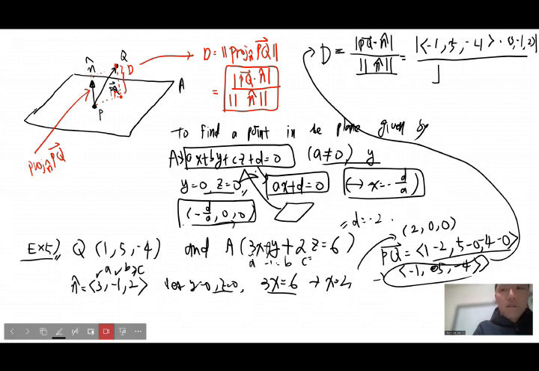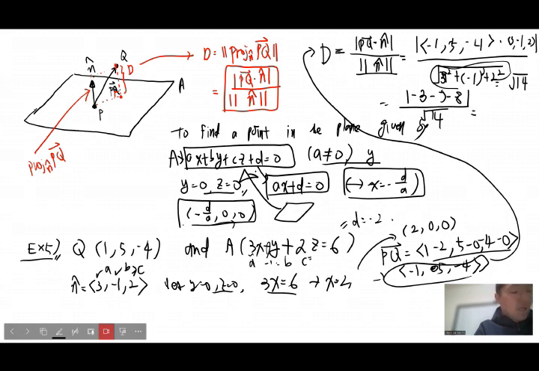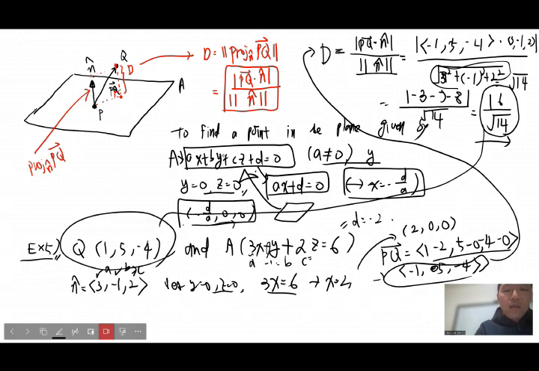The magnitude of the normal vector is the square root of 3 squared plus (-1) squared plus 2 squared, so that is the square root of 14. From that, it should be the absolute value of -3 - 5 - 8, divided by the square root of 14. So that is 16 over the square root of 14. That is the distance between this Q and the plane A.